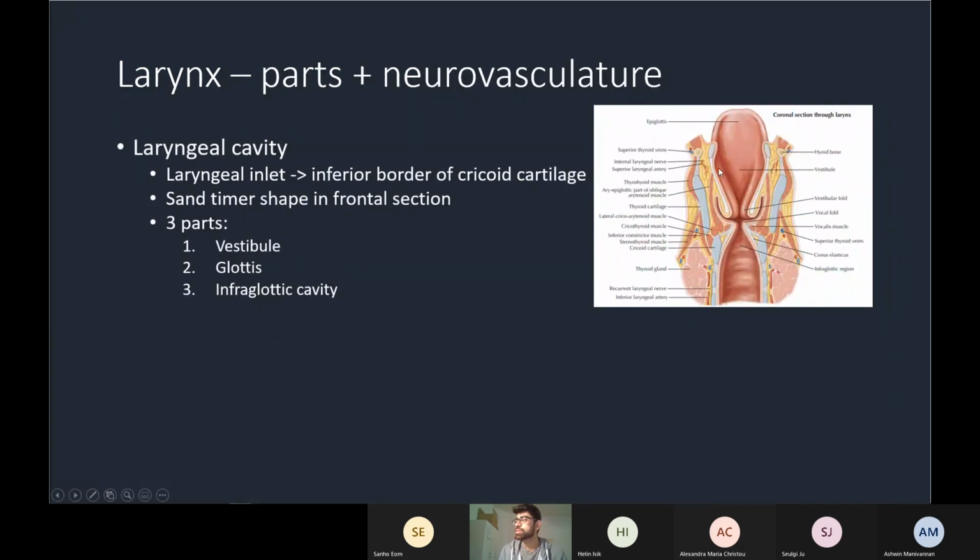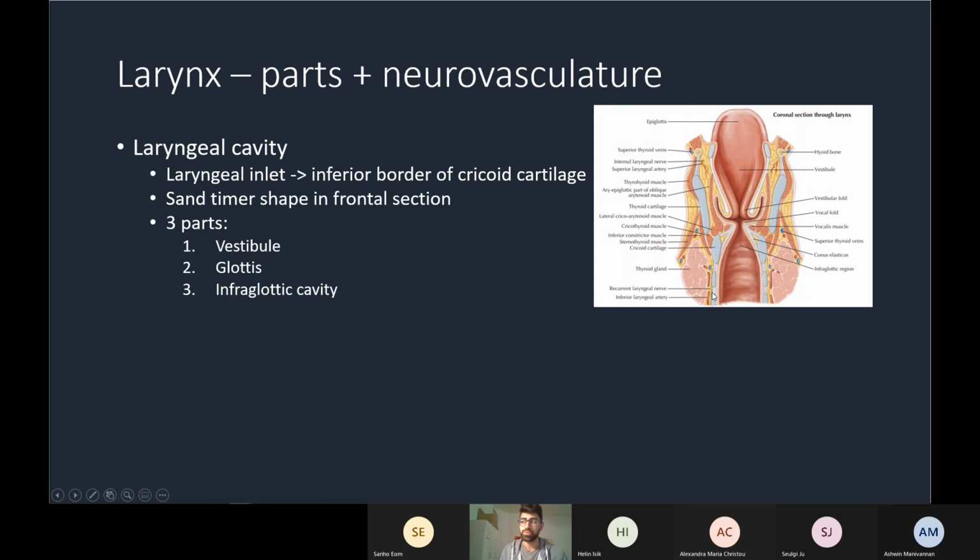This quadrangular membrane is located here, and you can see it terminates caudally in the vestibular folds. Whereas the conus elasticus is located here. It's a ligamentous structure, and it terminates cranially as the vocal folds, where the vocal cords are located. So these are the two.